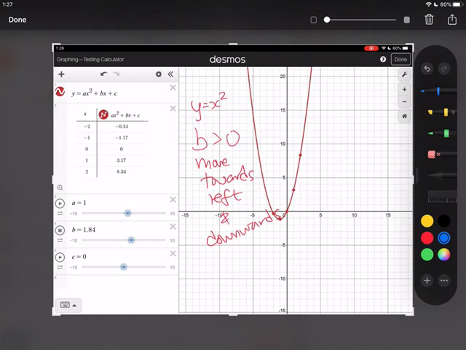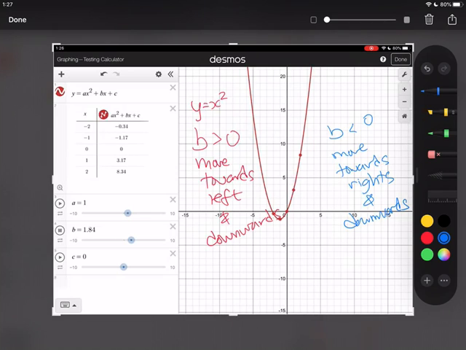Okay, and as b is getting smaller and smaller and further away from 0 towards negative infinity, my graph is moving towards the right and downwards as well.